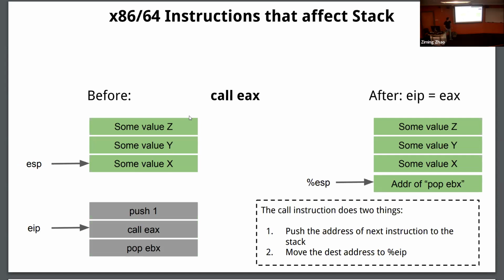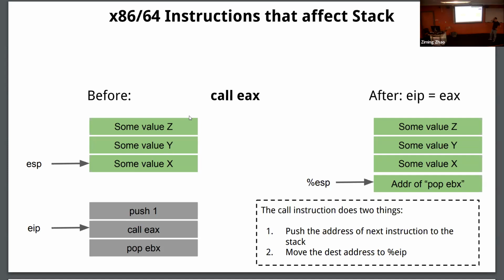One of the very interesting instructions, the call instruction. Here, does anyone remember what I call this? It's called call EAX. What's it called? Direct call, indirect call. This is called an indirect one, because the operand here is a register, so we don't know the value of that when we do a static analysis.